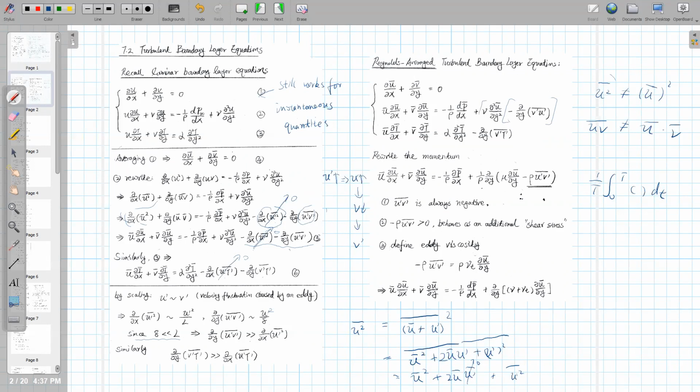Also we know that this is the mean viscosity, the momentum diffusivity term due to the viscosity, so this is positive, and this is also positive. That's the reason we can consider this additional Reynolds stress term with the minus sign as an additional diffusivity on the momentum due to the turbulence.